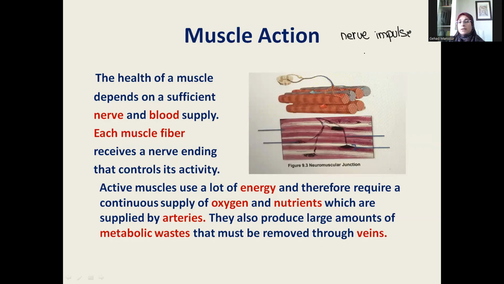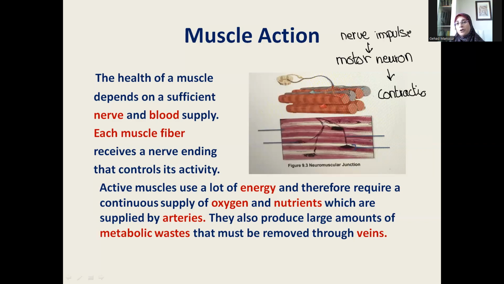So we will be discussing this in detail in the nervous system, inshallah. But when the nerve impulse reaches a muscle fiber along a motor nerve fiber or a motor neuron, this is followed by contraction of the muscle.